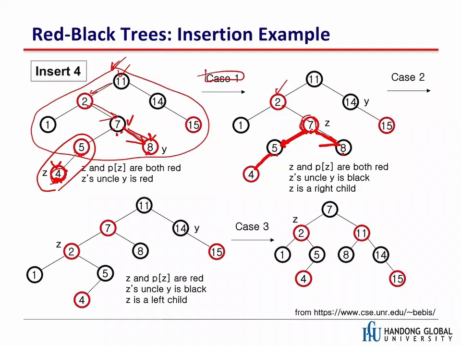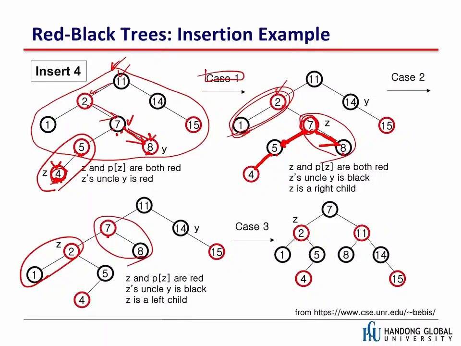So 7 goes up, and this subtree becomes the left subtree of 7 here, and 5, 4, which was the left subtree of 7, will now be the right subtree of 2. We did this in the AVL trees, so it is quite a similar thing.